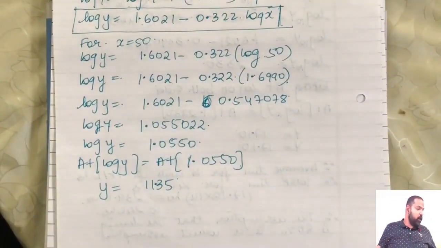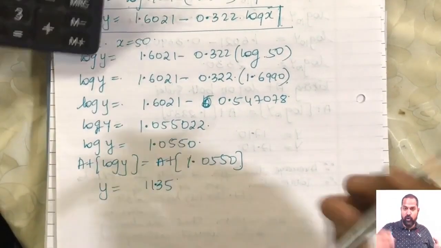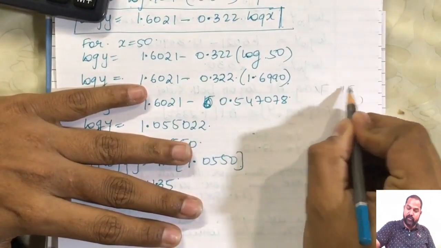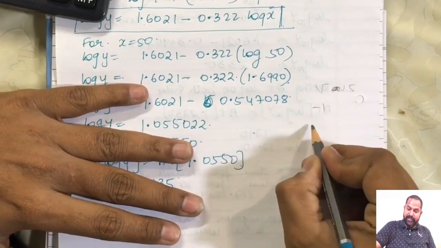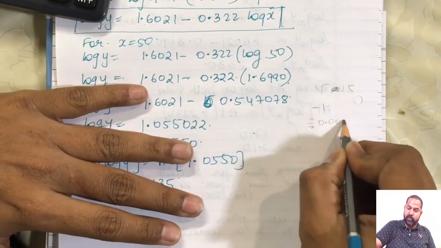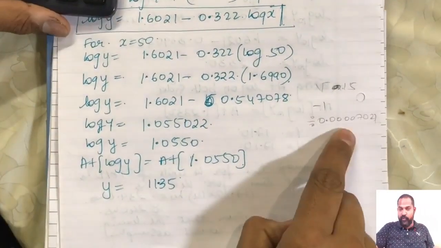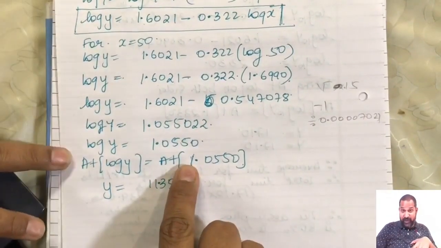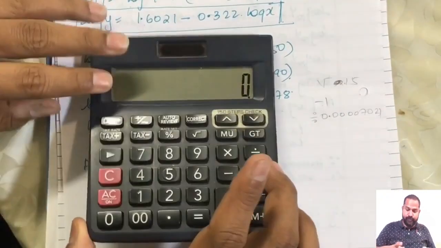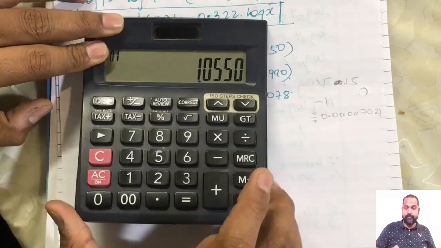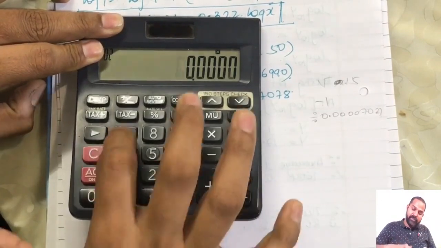What you can also do is take anti-log in your calculators. You do the exact reverse of what you did for log. What do you do for log? You press the root sign 15 times, you subtract 1 and then you divide it by 0.000070271. You do the exact reverse for anti-log. Instead of dividing, multiply. So to take the anti-log of 1.0550, first multiply it by 0.000070271.